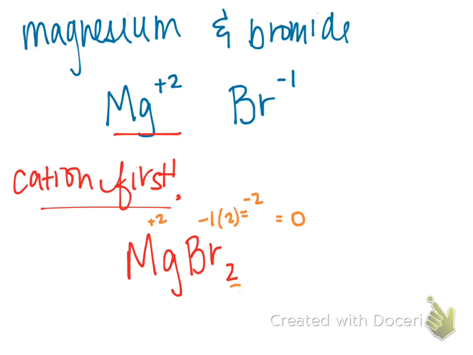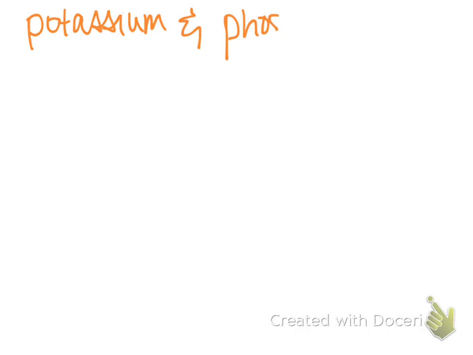Okay. Let's try a combination now between potassium and phosphide. Potassium and phosphide.